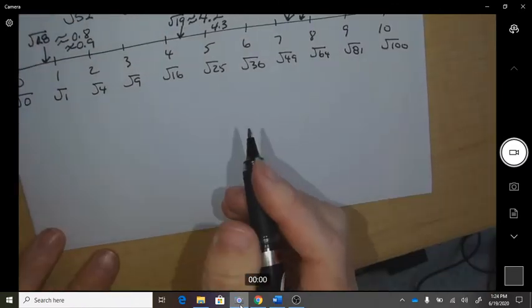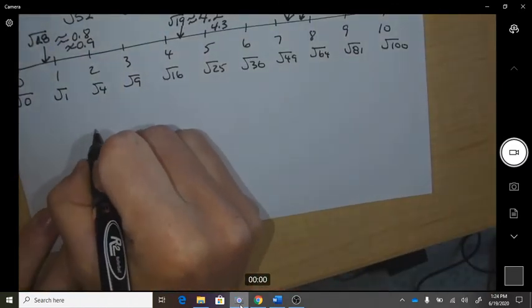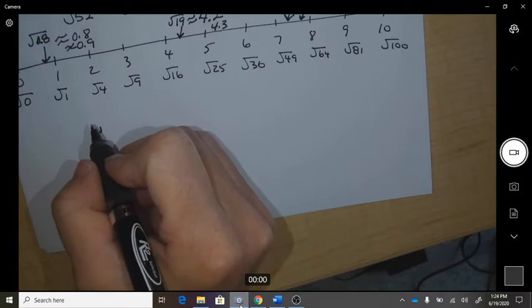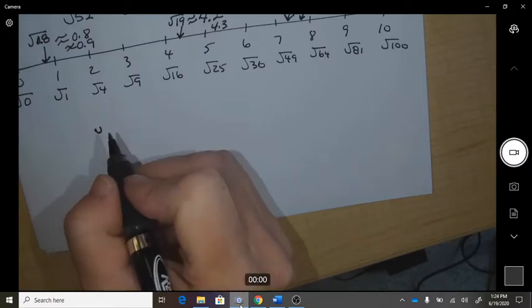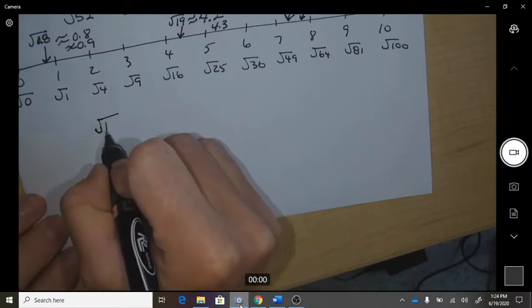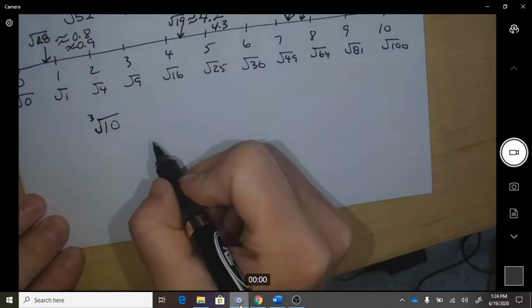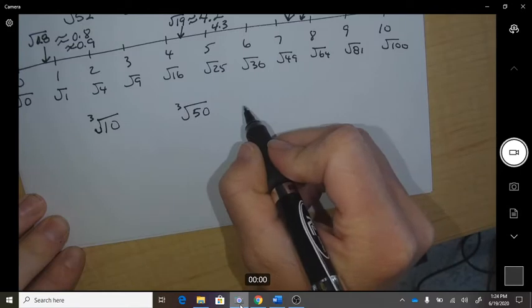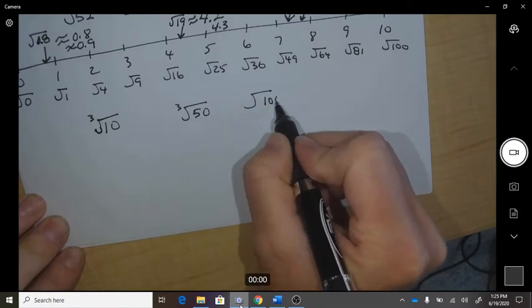What about cube roots? Can you figure out what your estimate of the cube root of 10 would be, the cube root of 50, and the cube root of 100, we'll say.